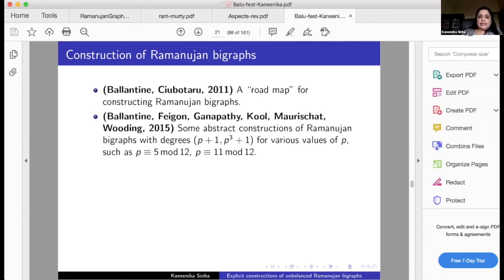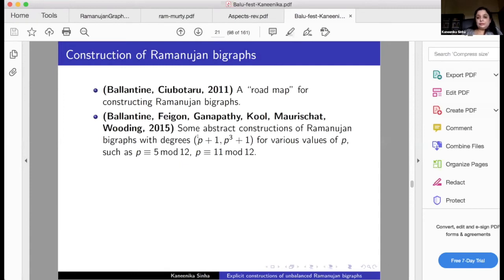And subsequently, Ballantine with Feigon, Ganapathy, Kool, Maurischat, and Wooding in 2015 came up with some abstract constructions of Ramanujan bigraphs, and these are unbalanced Ramanujan bigraphs with degrees p plus 1, comma p cubed plus 1.